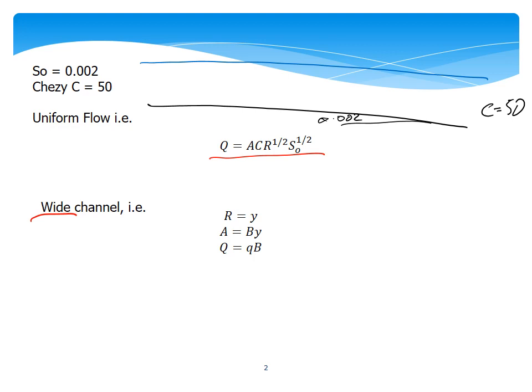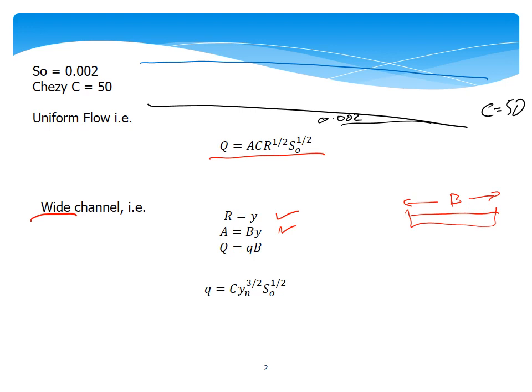Let's just check: for a wide channel, R, the hydraulic mean depth, equals y. The area approximates to a rectangular channel, so area equals b times y, and capital Q equals the width times lowercase q, which is the flow per unit width.